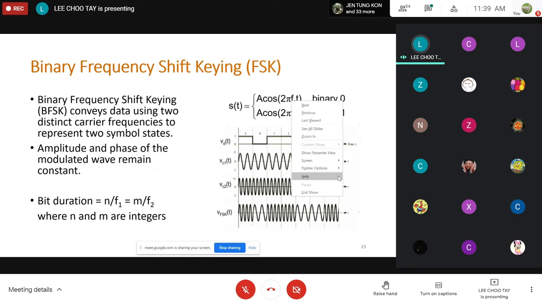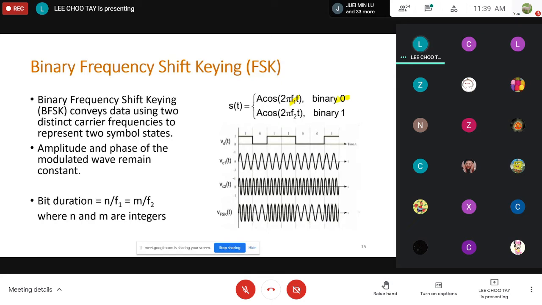Here I'm going to use a carrier of frequency F1 to carry binary 0, and then to carry binary 1, I use a carrier with frequency F2. So binary frequency shift keying makes use of two different carriers, one carrier to carry 0 and one carrier to carry binary 1.